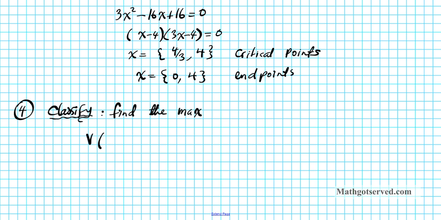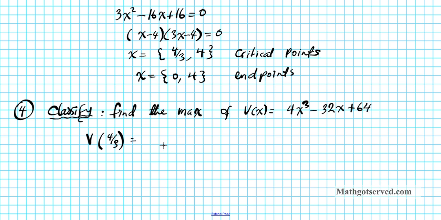V of 4/3. We're going to plug that into the original function. We know that the original function v of x, when we broke it down, was 4x to the third minus 32x squared plus 64x.